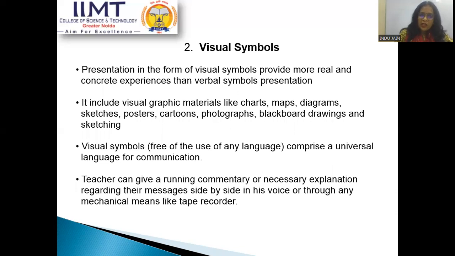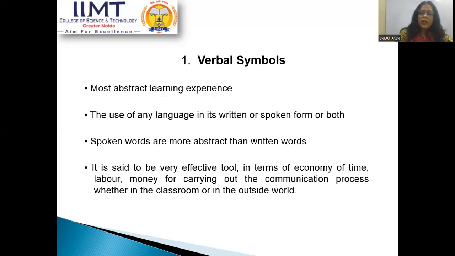As we can see in the cone of experience, the first level at the top of the cone is the verbal symbols. At the topmost level, we can see there are various verbal symbols.